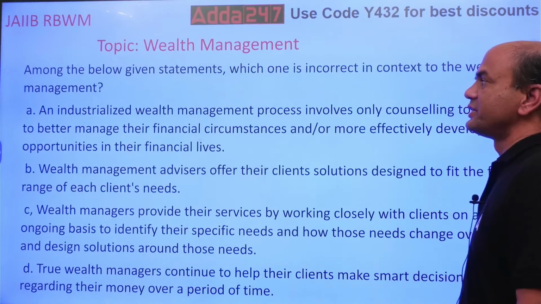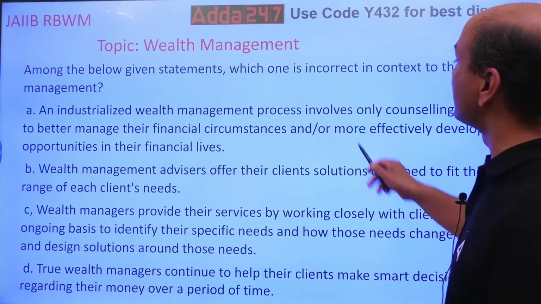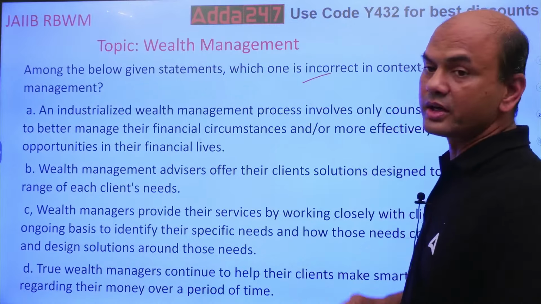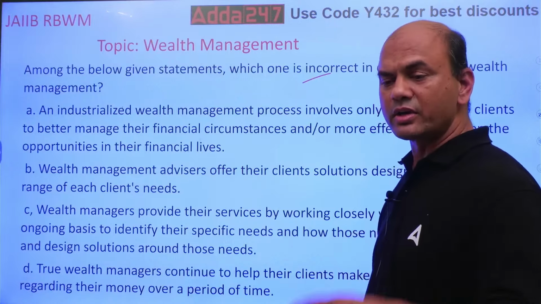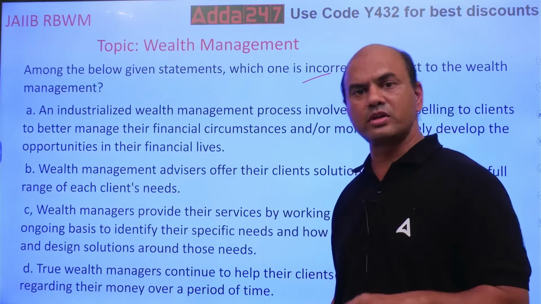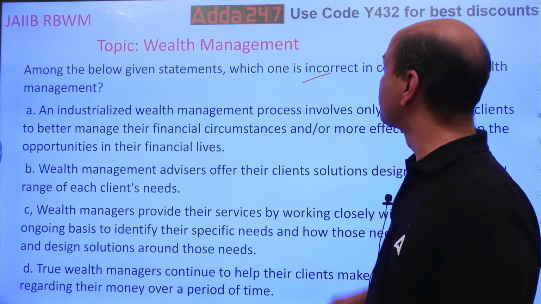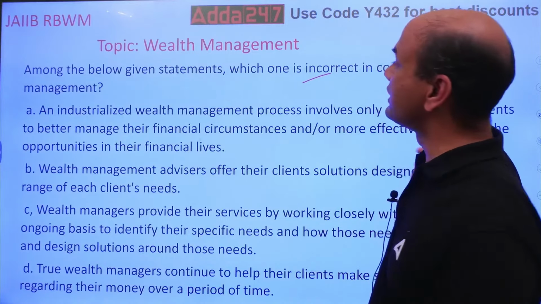Among the below given statements, which one is incorrect? Now look at this. Again, I told you, focus on the main word in the first line. They want correct or incorrect, true or false. You have to always check. So, incorrect in the context of wealth management.